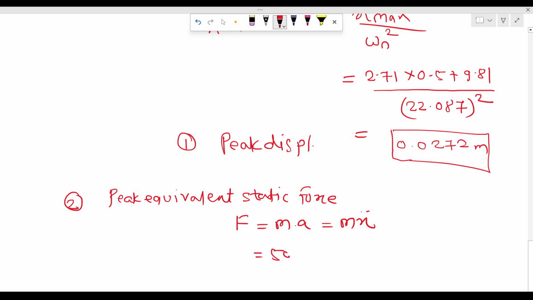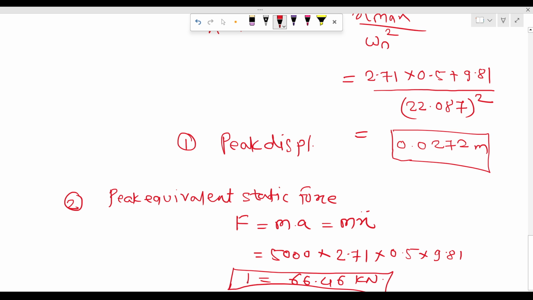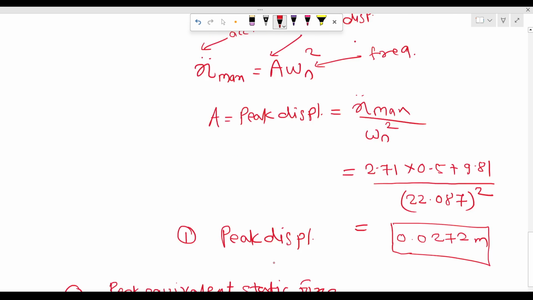Here mass is 5000 multiplied by the acceleration, that is 2.71 into 0.5 into 9.81. So we will get the static force 66.46 kilonewton.